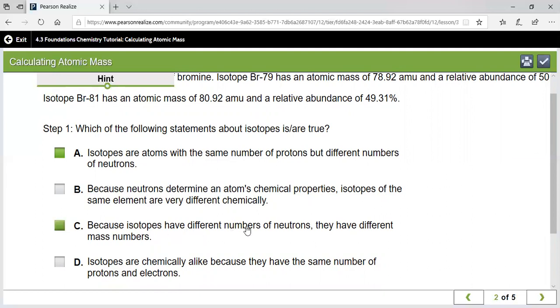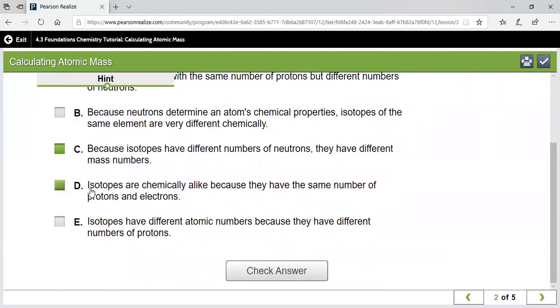Because isotopes have a different number of neutrons, they have different mass numbers. That's true. Isotopes are chemically alike because they have the same number of protons and electrons. That's true. And isotopes have different atomic numbers because they have different numbers of protons. That's not true. Let's check the answer.